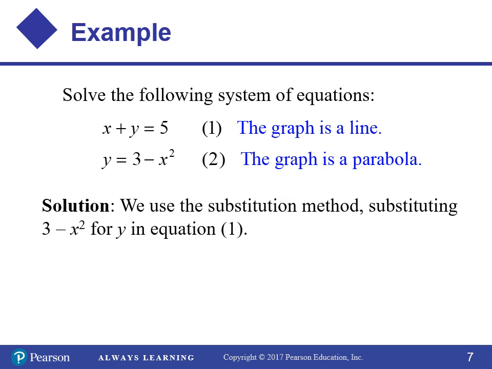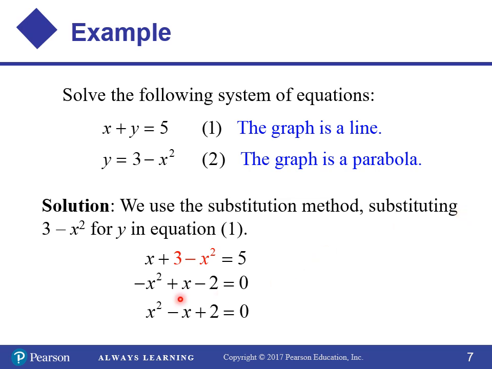Substituting, we already know what y equals in the second equation the way it's set up. So we're going to substitute that in for y in the first equation. That gives us x plus 3 minus x squared equals 5. Since it has an x squared, an x, and some numbers, we're going to get everything to the same side.